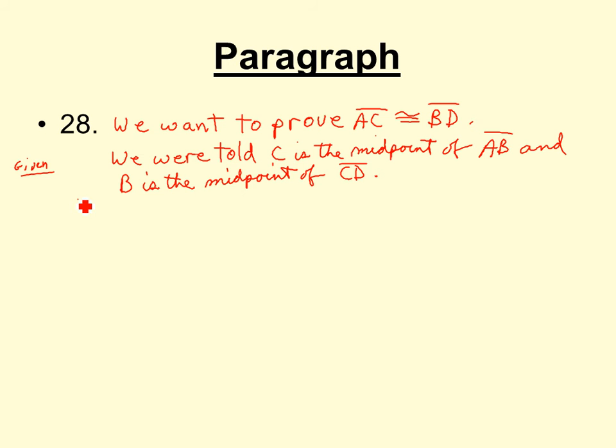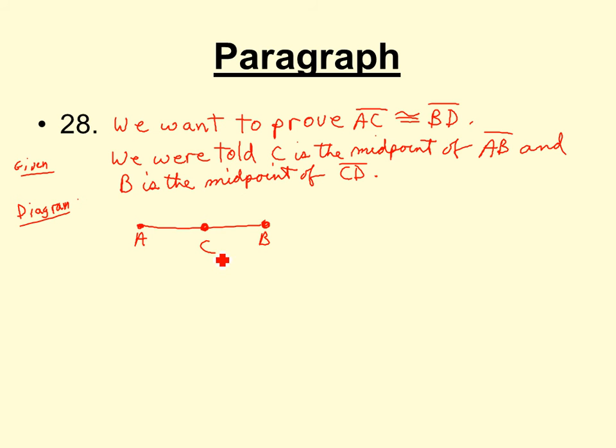From that, you don't always have to have this, but this time we want it. I'm actually going to draw a diagram. Again, I'm just writing this out here. It doesn't have to be part of your paragraph proof. If C is the midpoint of segment AB, then I'm going to draw this. We got segment AB. And I'm going to put C in the middle here somewhere. We know that C is the midpoint.